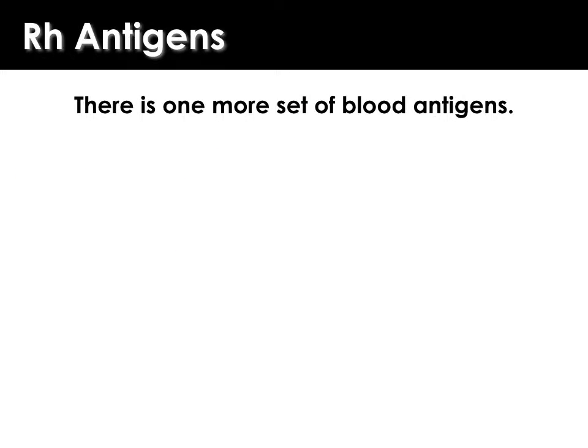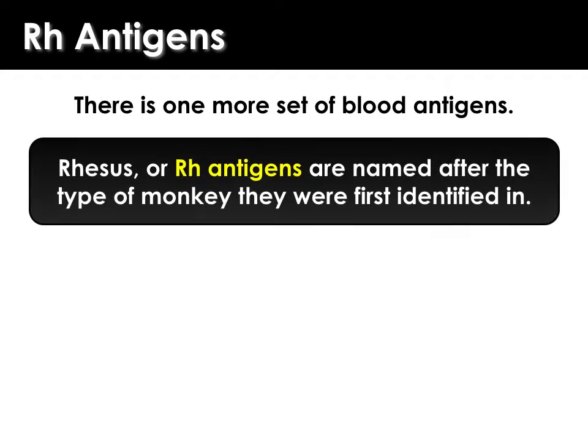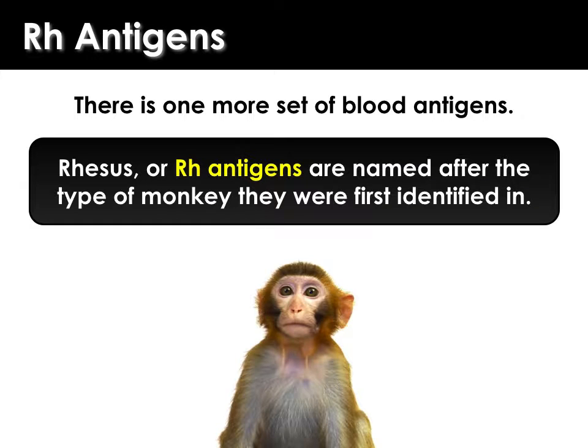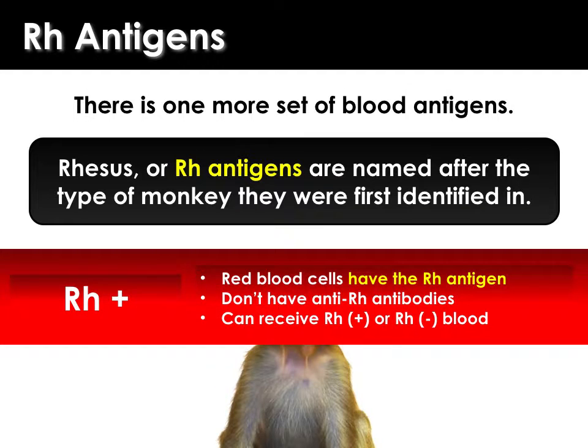There's also one more set of blood antigens that you might be familiar with. These are rhesus or Rh antigens, and they're named after the type of monkey they were first identified in. That's a rhesus monkey. Rh plus means that their red blood cells also have another antigen called the Rh antigen. They also do not produce any anti-Rh antibodies.